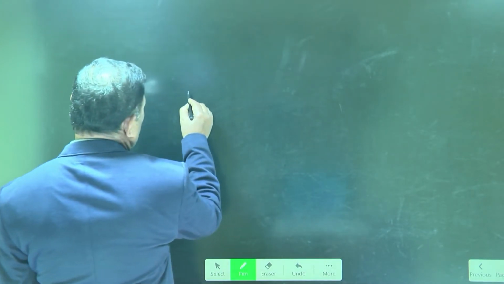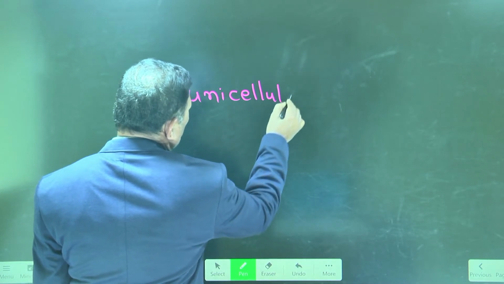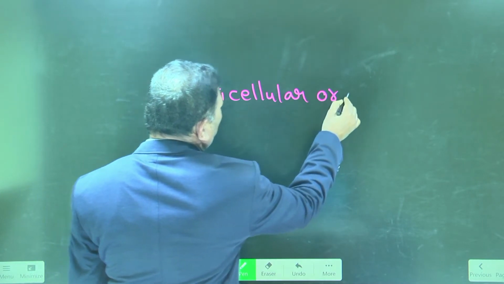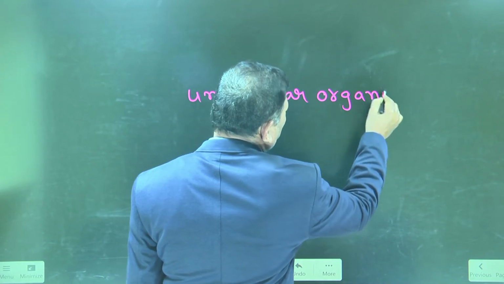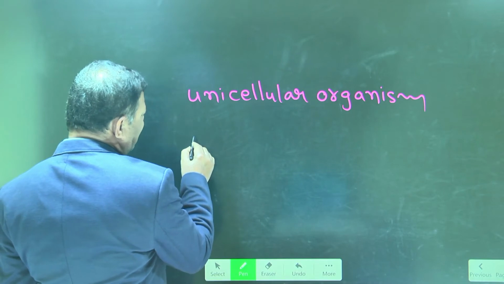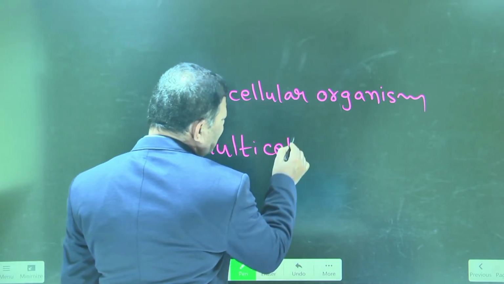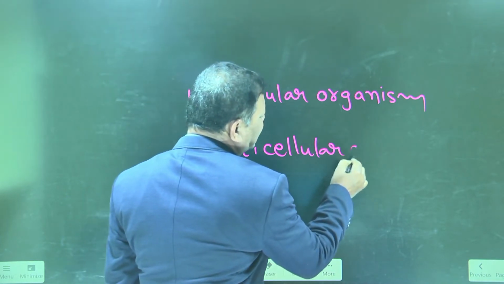Next, you know this very well. Organisms are classified into two types. One is unicellular organisms, the second is multicellular organisms.